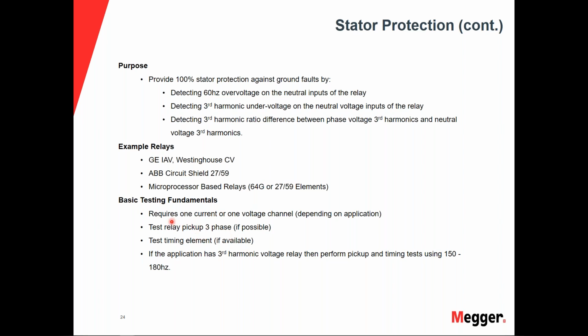What we want to do here is we just need one current and one voltage. We also need to make sure that we do the pickup 3-phase if possible. And if there's a timing element inherent to the settings, we want to make sure that we capture that as well. Second, we want to make sure that we do the third harmonic voltage pickup to make sure we are catching the 100% stator ground.